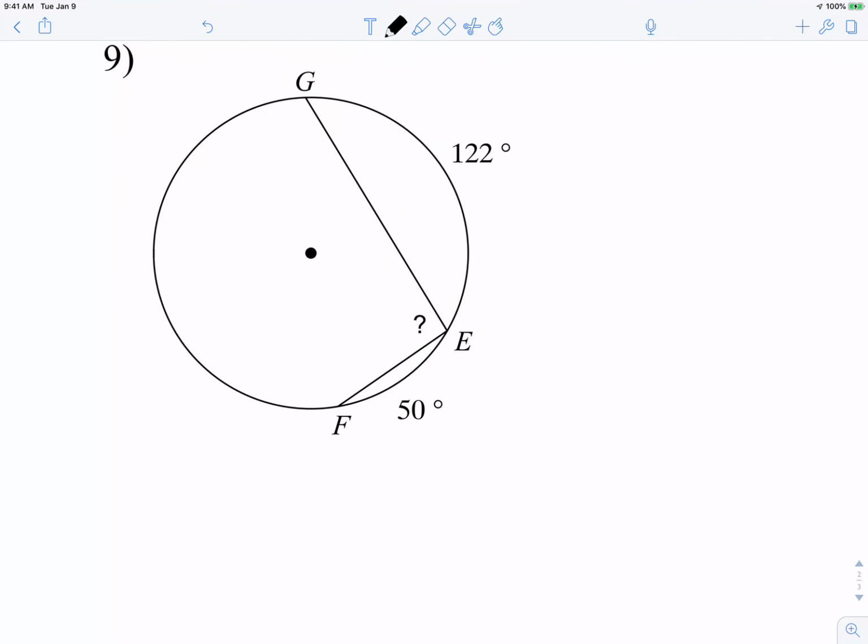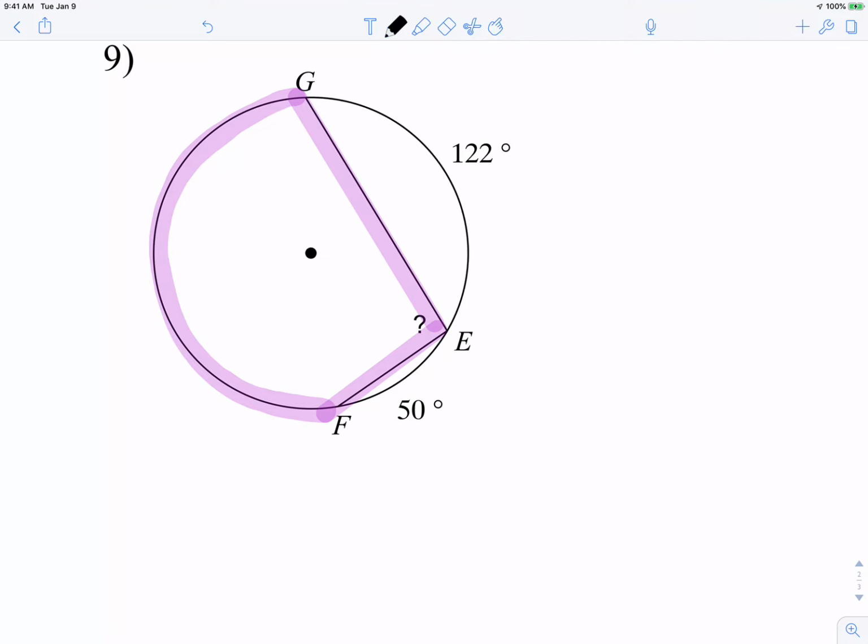Number 9. All right, this time it's not going to be as straightforward because I'm looking for this angle measurement right here, and the problem is I don't know the measure of the intercepted arc. So I'm going to have to do a little work to find it.